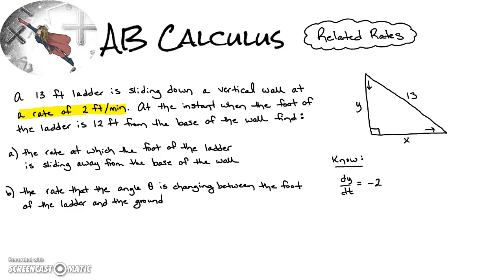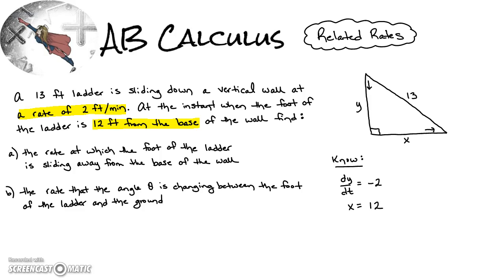Now, it goes on to say, at the instant when the foot of the ladder is 12 feet from the base of the wall, so what that is telling us is the value of x. So x is equal to 12 at this instant.